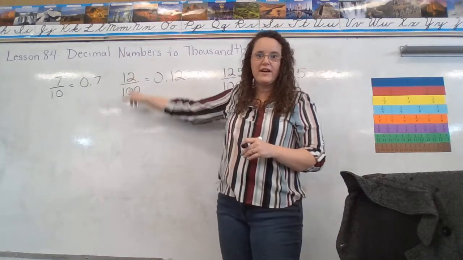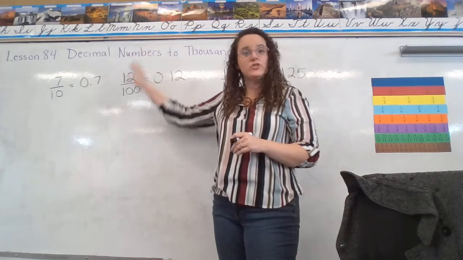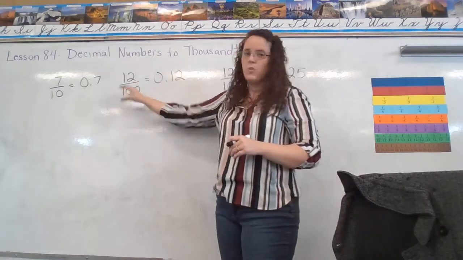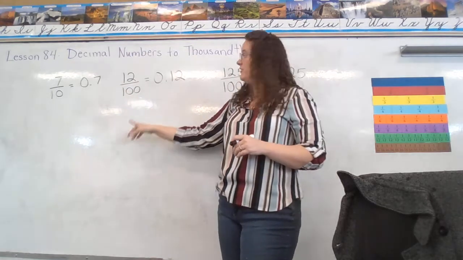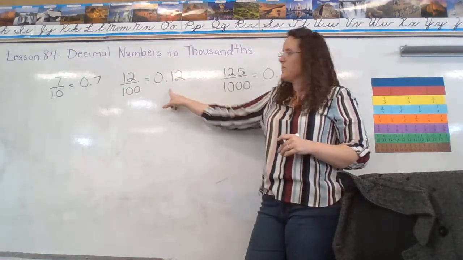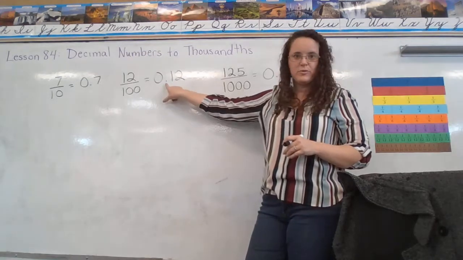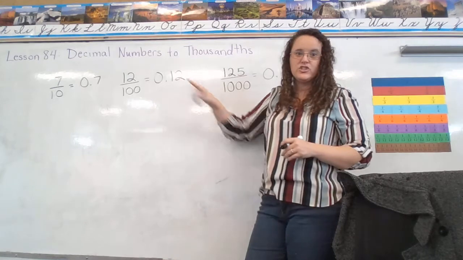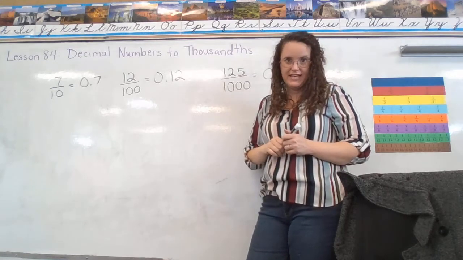Here we have 12 hundredths. You're used to seeing that as a fraction: 12 in the numerator, 100 in the denominator. That is equal to this. We have a 0, a decimal point, and then a 1 in the tenths place, and a 2 in the hundredths place.